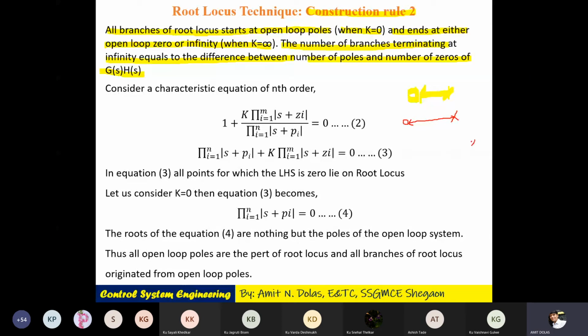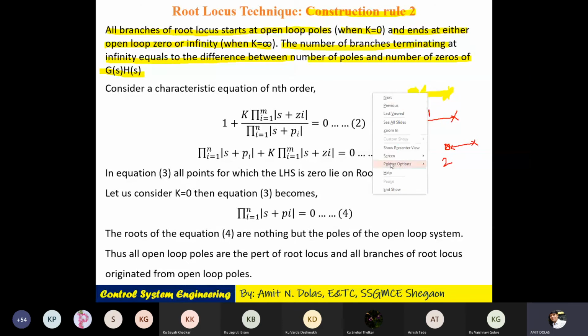Let's have another example. I have two poles, I haven't drawn the real axis. Suppose on the real axis I have one pole here, then another pole here and another zero. Then what happens? One branch will originate and terminate at the zero. Another branch from this pole terminates at the zero. So here the number of poles is 1, therefore one branch. Here the number of poles is 2 in this example, therefore there are 2 branches.